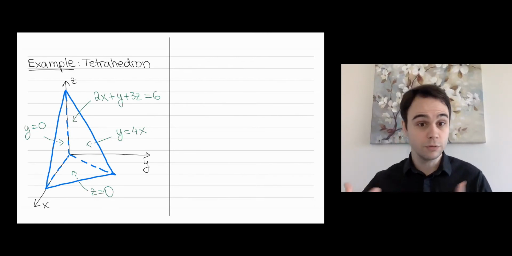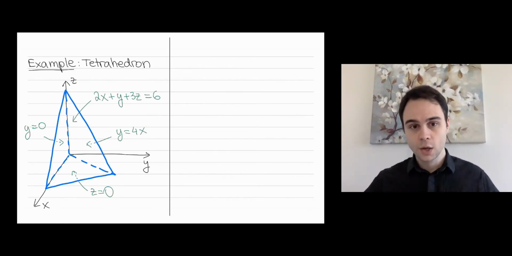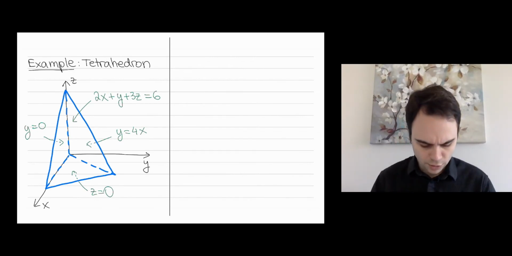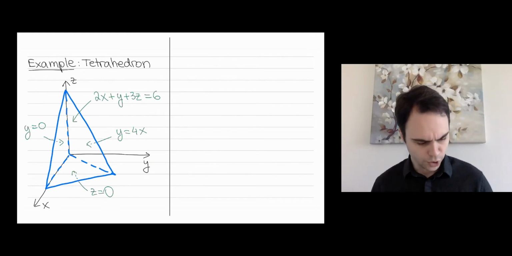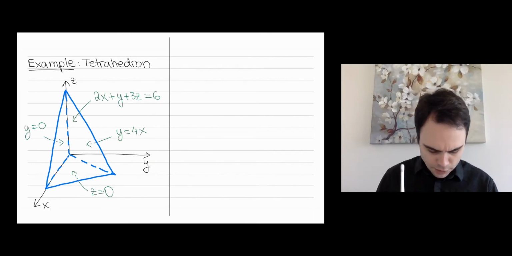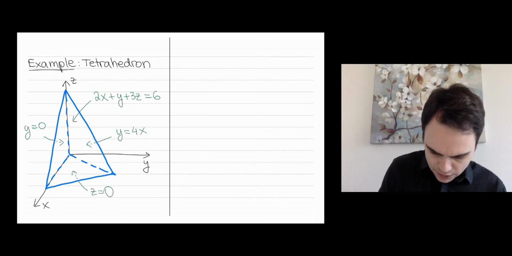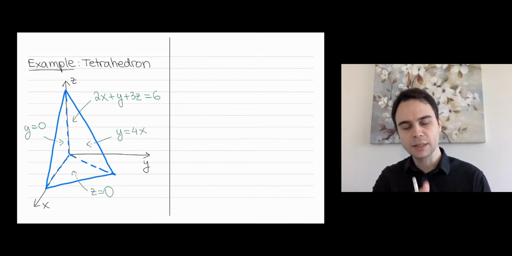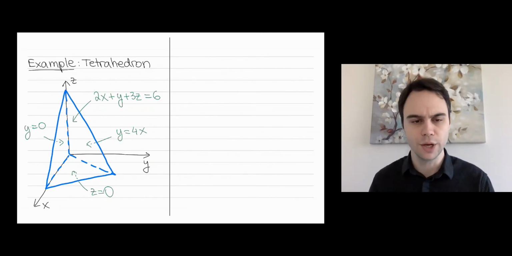So with the equations for these four planes, there is only one tetrahedron we could be talking about, and that's the one we're working with here. Now let me say why these two equations describe planes like the ones I drew there.